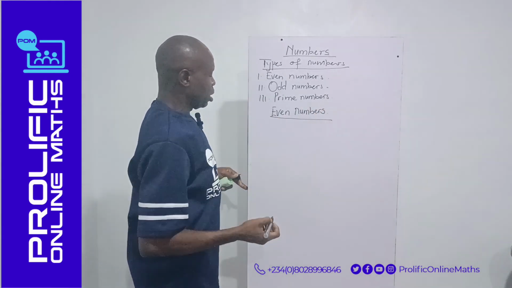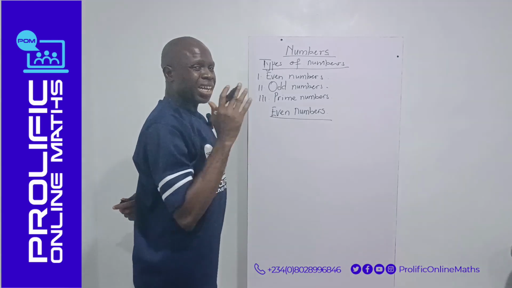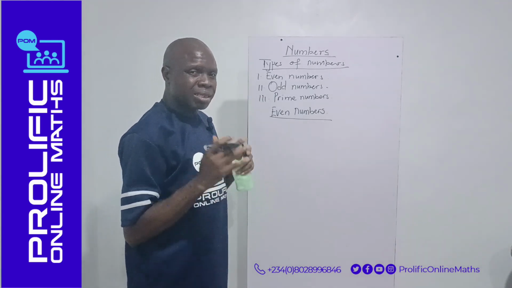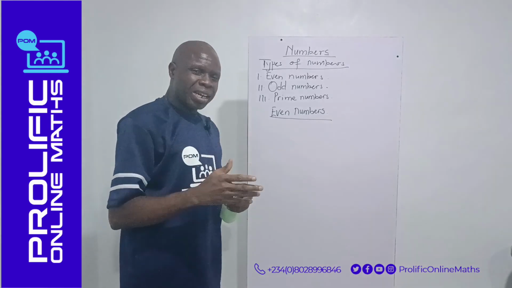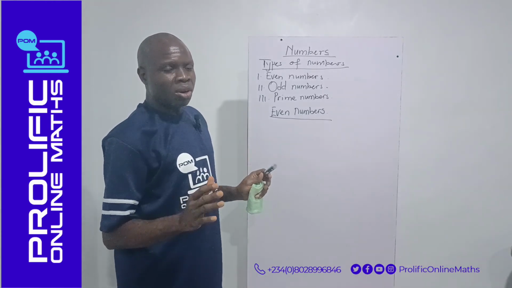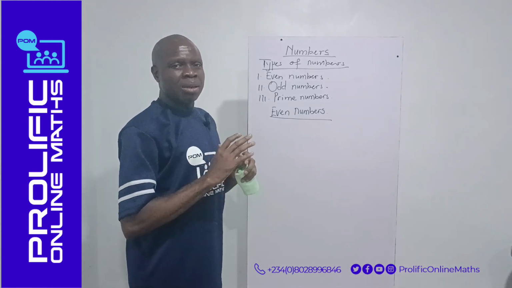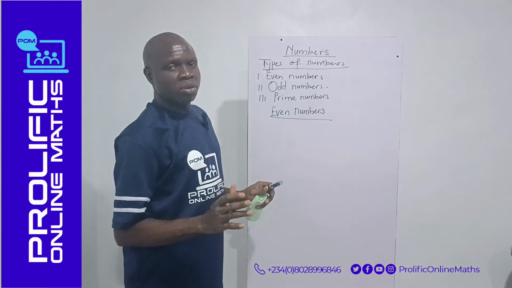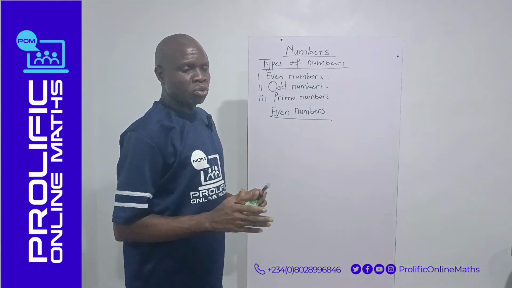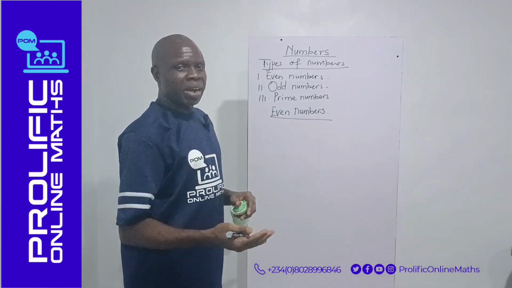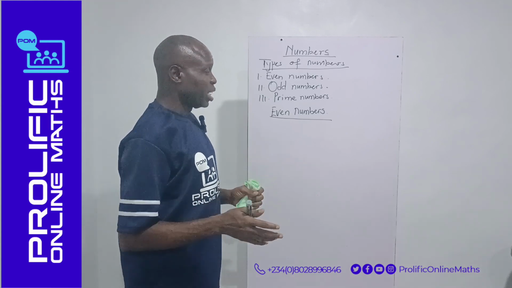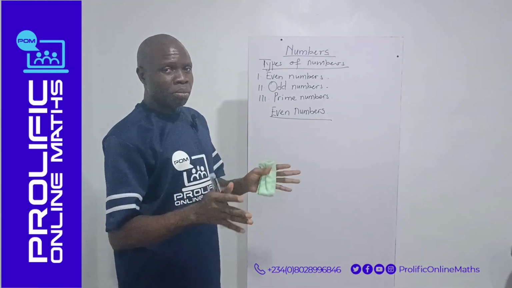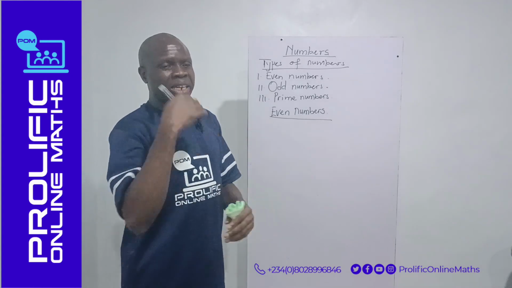What are even numbers? Even numbers are numbers that can be divided by 2, or you refer to them as multiples of 2. Sorry, they are not only. They are numbers that can be divided by 2.